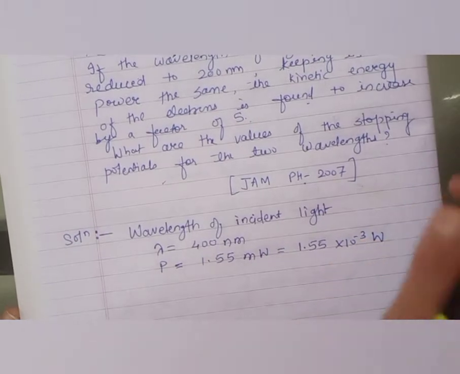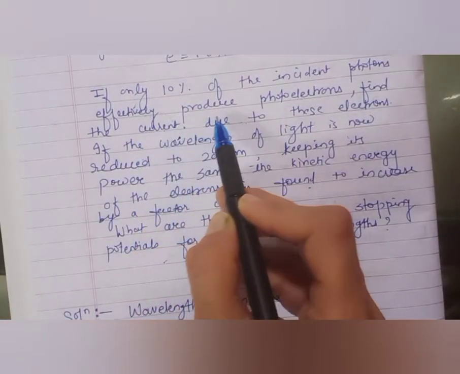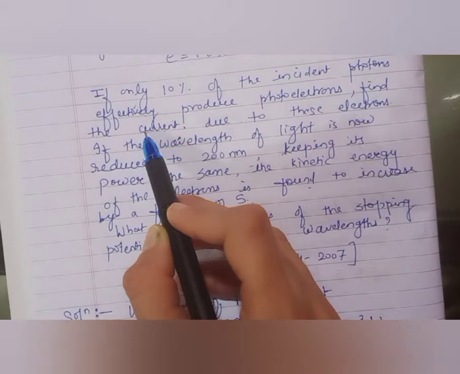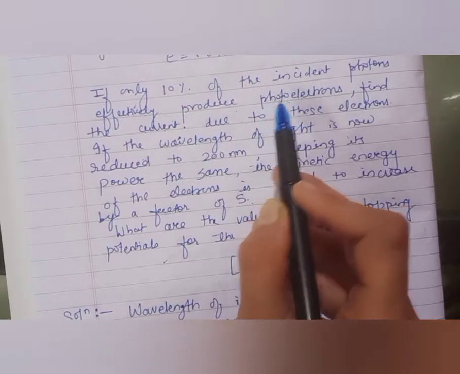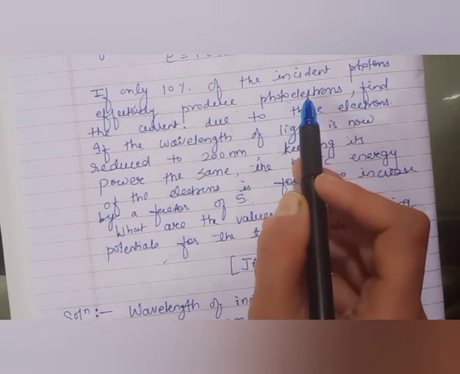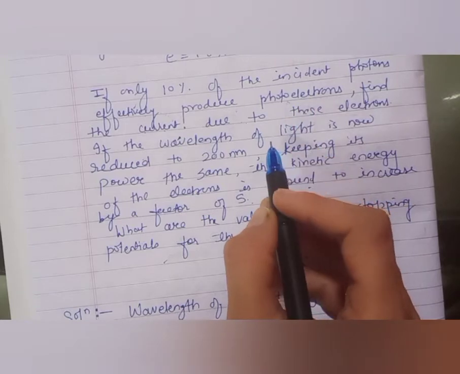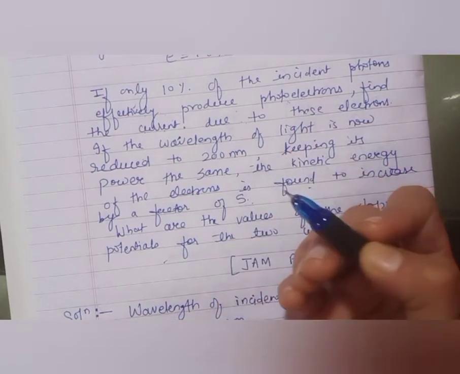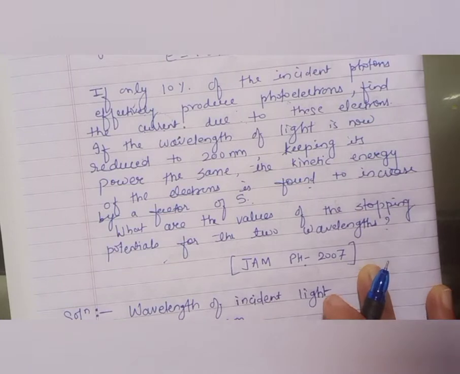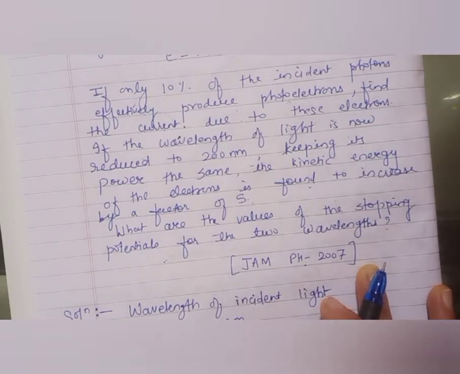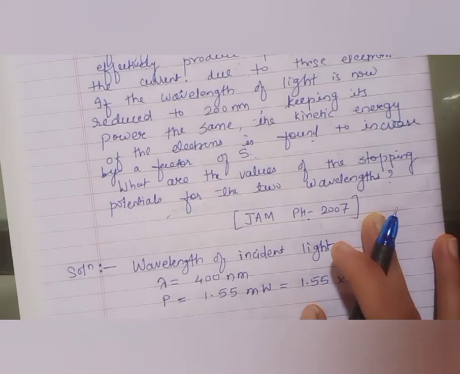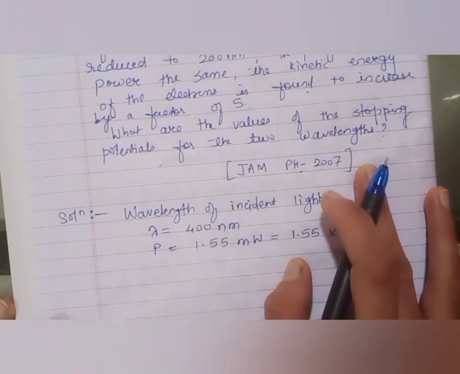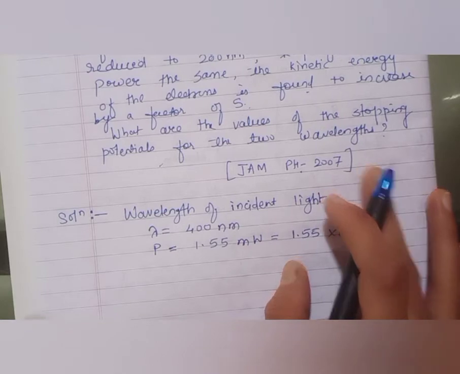Here it is given that only 10% of the incident photons effectively produce photoelectrons. That means the number of electrons ejected is 10% of the number of photons falling per second. So first we will find the number of photons falling per second, which is power upon energy. So first we have to find the energy of one photon.